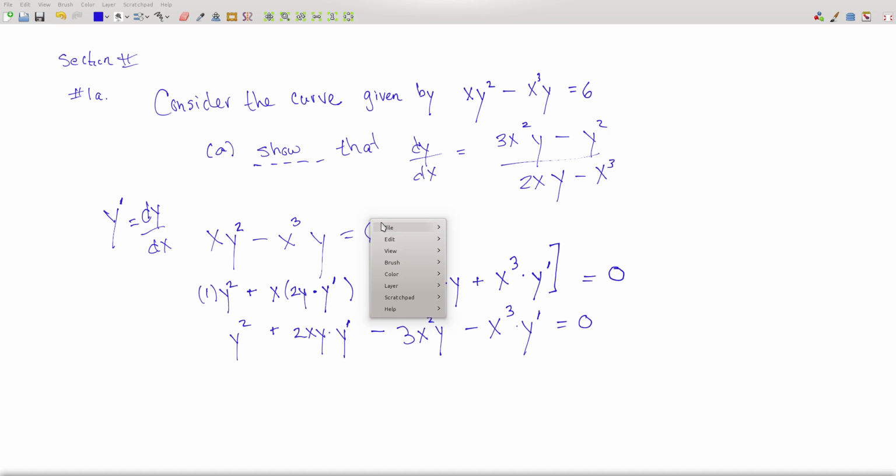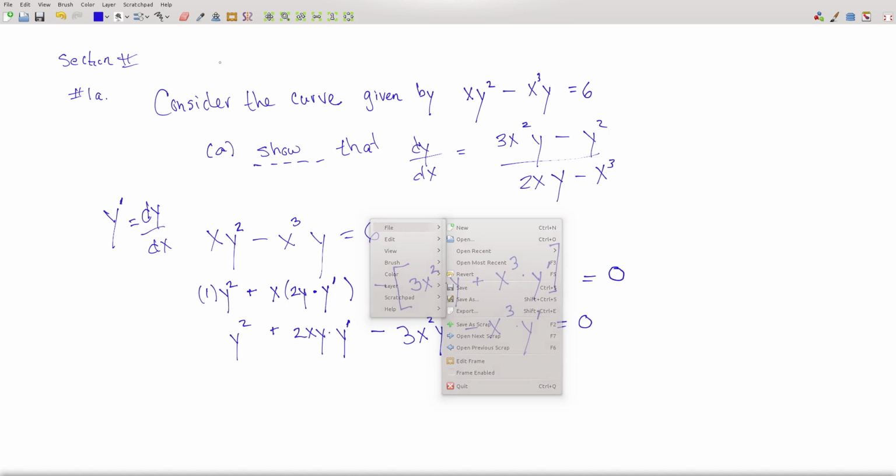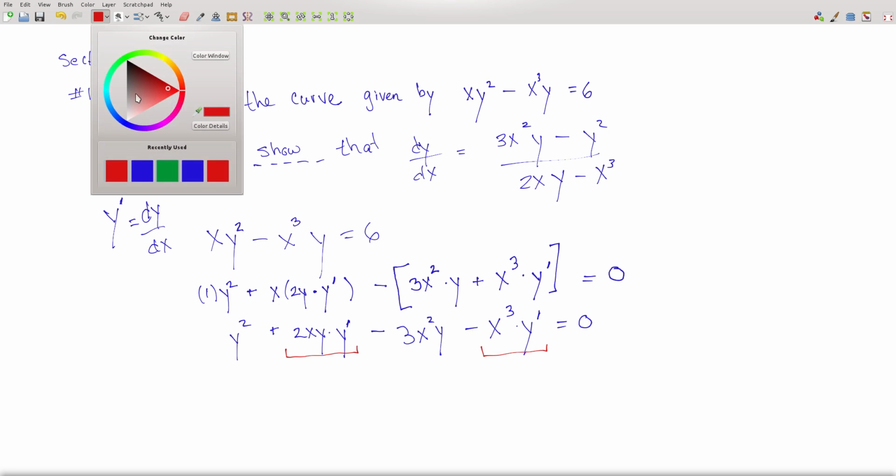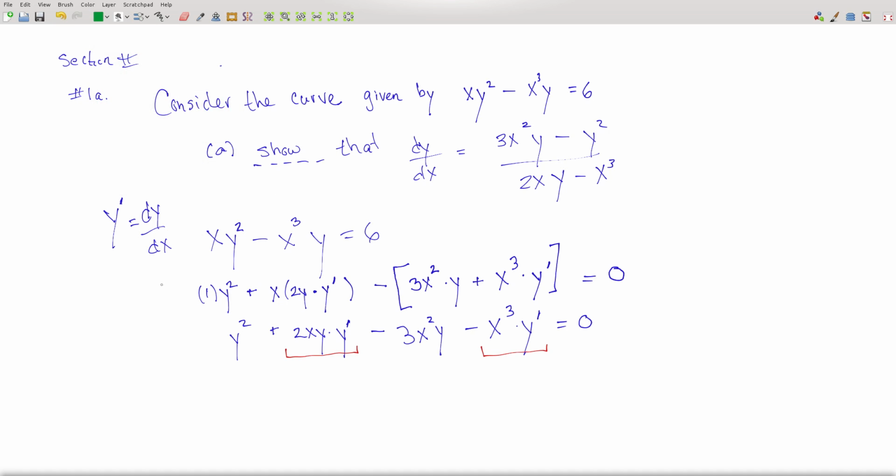Now look at what we have on the left-hand side. We have some terms that have y primes in them, like this term and this term. And we have some terms that do not have any y primes in them, for example, this term and this term.